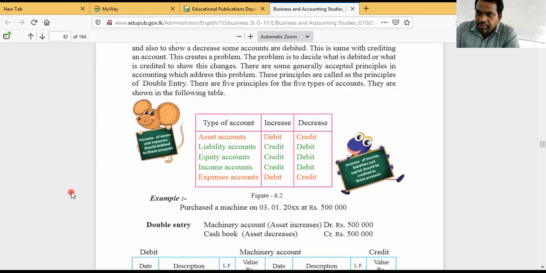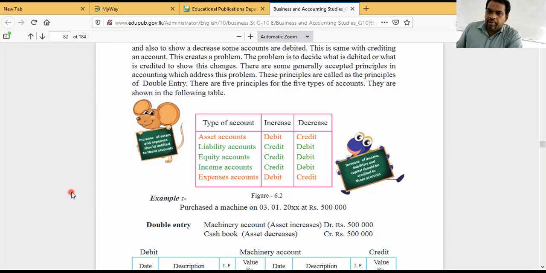Ledger is the place where we maintain accounts. These days we can't just say a place; it can be a book, it can be a computer system, or it can be a place where we maintain ledger books.